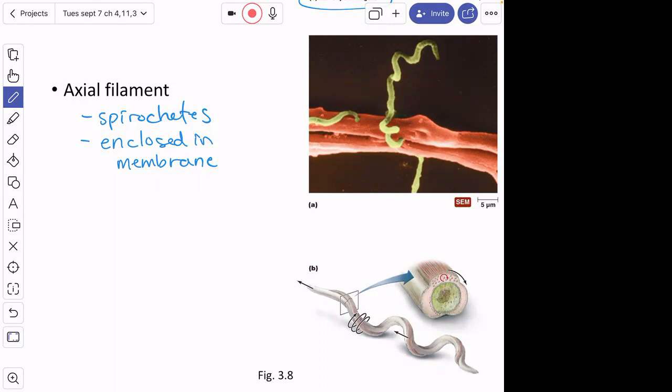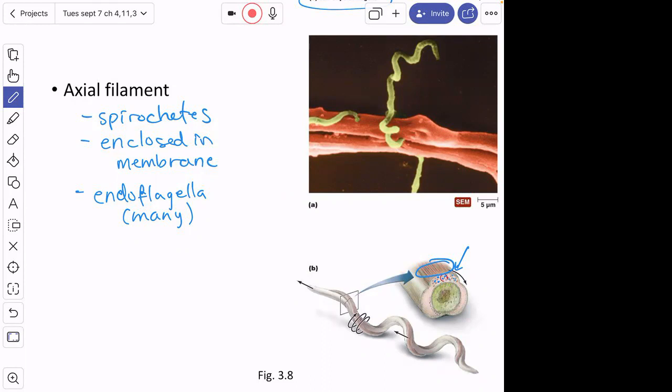There are lots of endoflagella. Okay, so many endoflagella. See, this is the axial filament right here, and then there are lots of little filaments that are considered endoflagella, and those are actually what are spinning around, apparently.